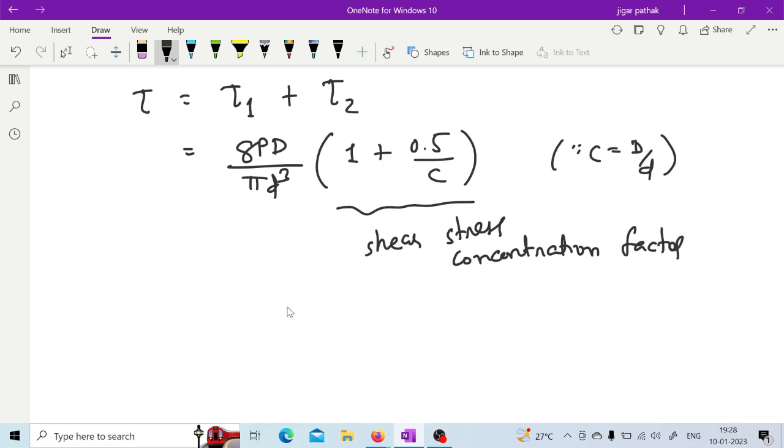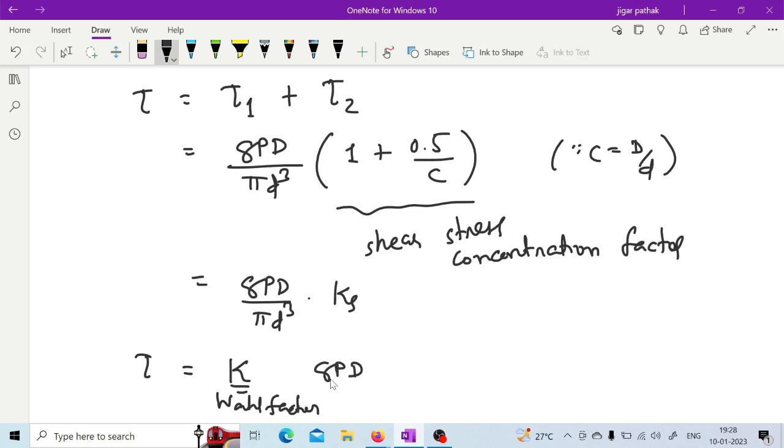Now one scientist has derived that Wall factor, right? That scientist name is Wall, so it is known as that Wall factor. So the C can be represented with this 8PD upon pi d cube into this Ks, or as Wall has derived one more constant, this is known as Wall factor, right?